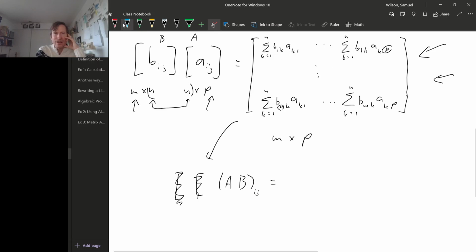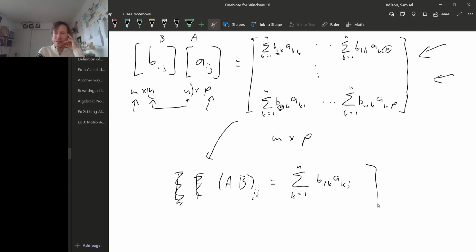Well, if you look at this, the row that we're on is just the first index on B, right? And the column that we're on is just the last index on A. So if we want row i and column j, then we should do this sum, k equals 1 to n. The second index on B is k, and the first index on A is k. But the first index on B is the row index, which is i, and the second index on A is the column index, which is j.